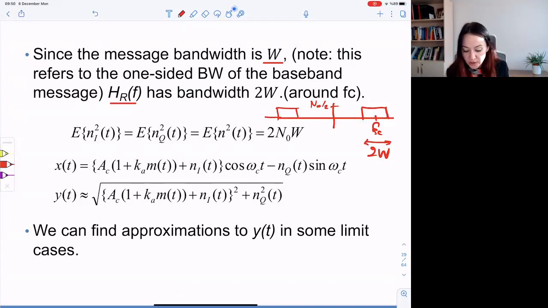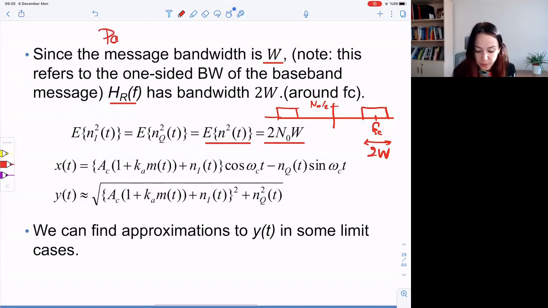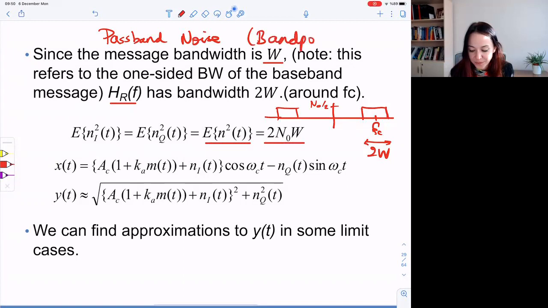So as a result, the noise power is equal to 2 N0 W. This is the passband, we're talking about passband noise or bandpass noise. Now, as we argued last time, the in-phase component and the quadrature component of the noise also have the same power.